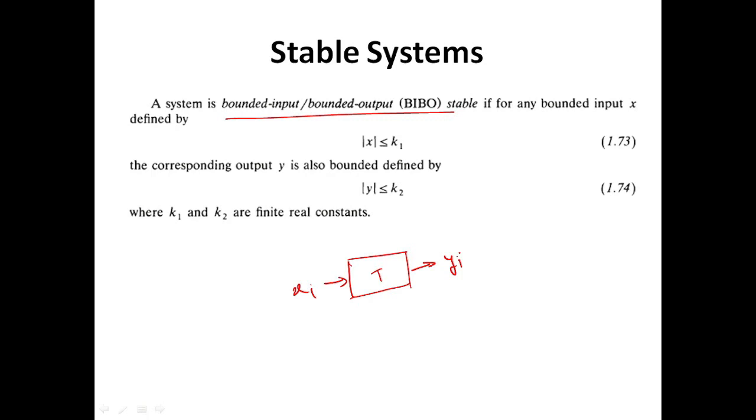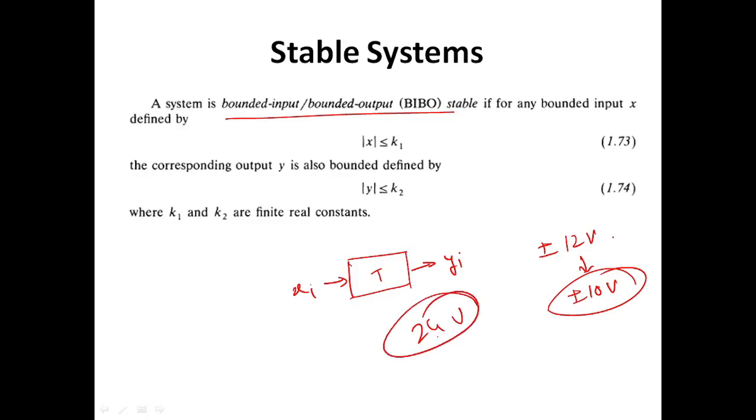But however, over here the system is being operated at plus minus 12 volt, so the operation range is plus minus 10 volt. Now if you give 24 volt as the input, it is way above the operational range. So what output will you be getting? You will be getting a saturated output.